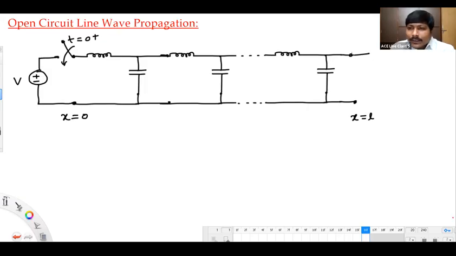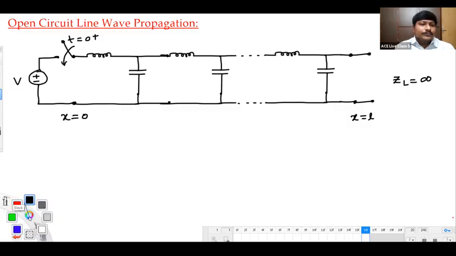Open circuit in the sense ZL equals infinite. Very simple.